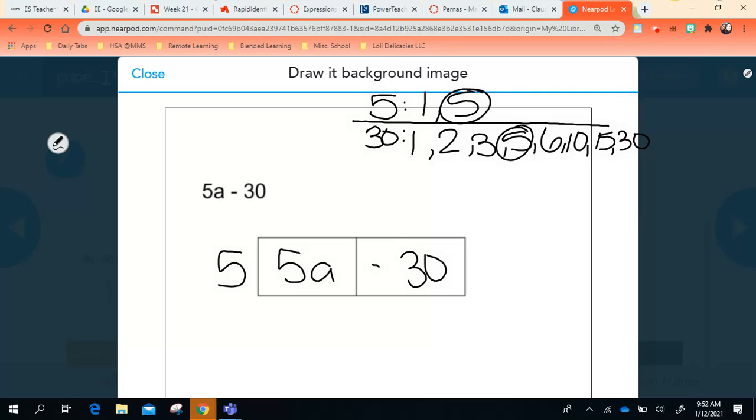Now I want you to go ahead and try the next step on your own, on your computer. Follow the steps from the first problem we did and try to solve.